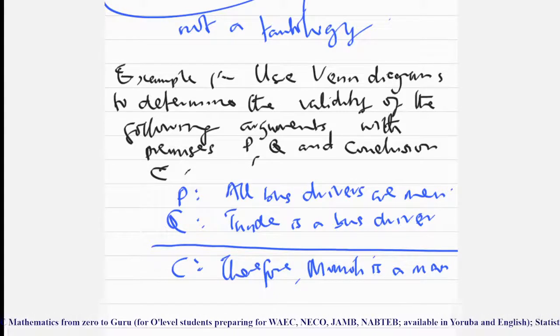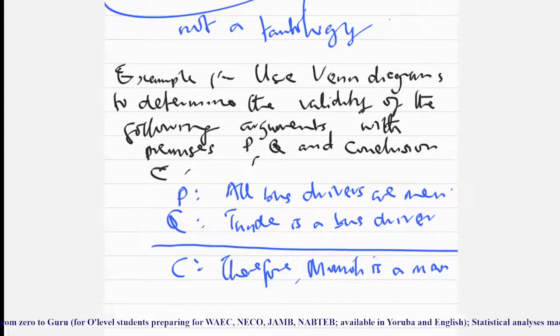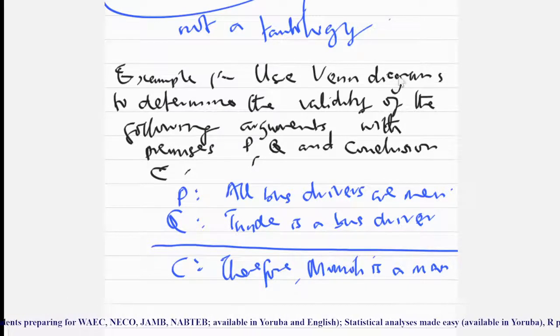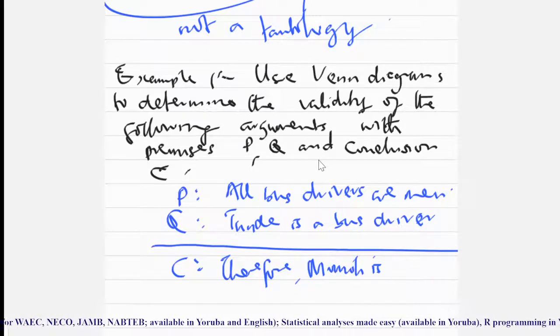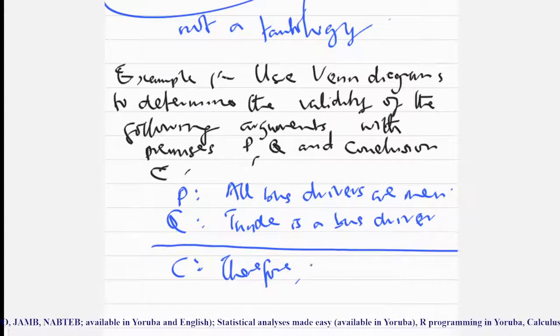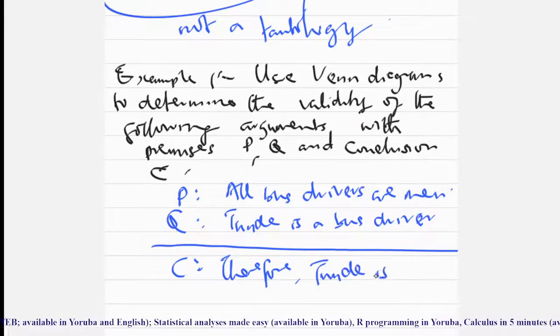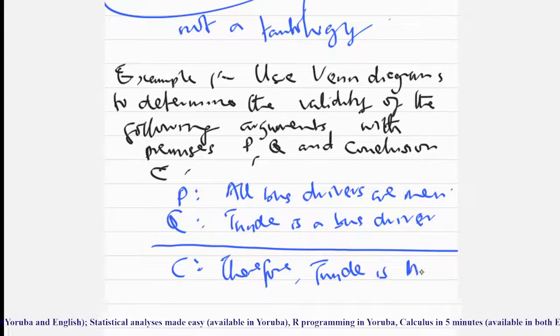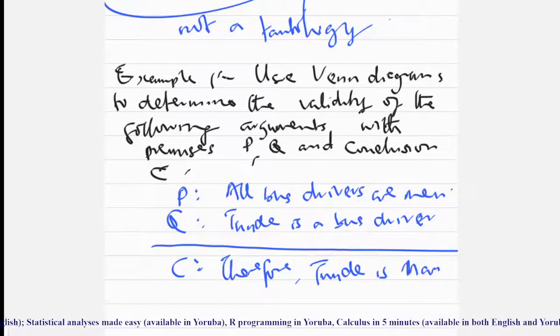And so, if Tunde is a bus driver, can we now conclude that Tunde is a man? It is trivial that Tunde will be a man, but how do we show that? Okay, now let us show it.